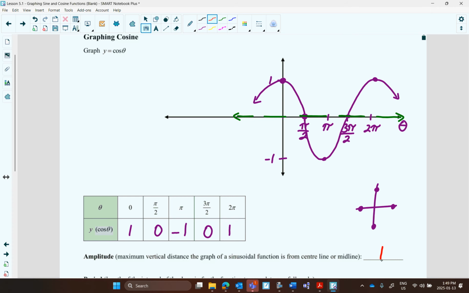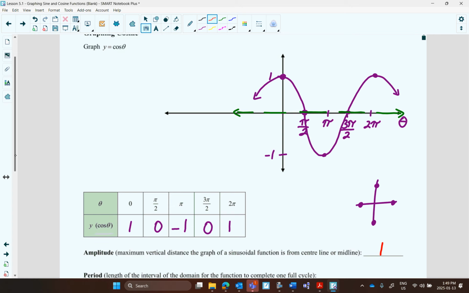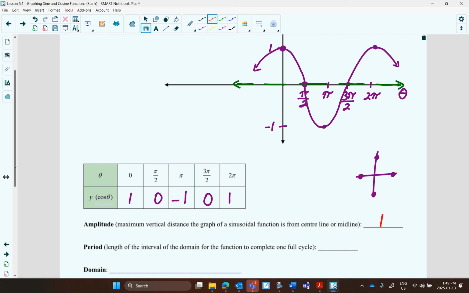Amplitude would be 1. What would the period be? How long does it take horizontally to complete one cycle? Well, we start here, and then we go down, bottom out, come back, and now we're at our starting point. How long did that take horizontally? 2 pi. Because we started at 0 and finished at 2 pi before the cycle starts again.